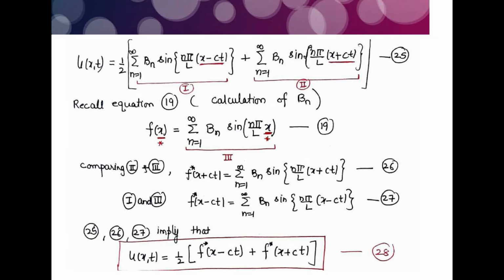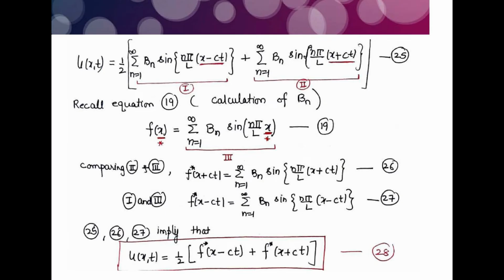as 3. So now we compare 2 and 3 from equation number 25 and 19. We can say that f star of x plus ct, or you can simply write even f of x plus ct also, is equal to summation over n from 1 to infinity of bn sine(n pi over L times (x plus ct)), and that is equation number 26.